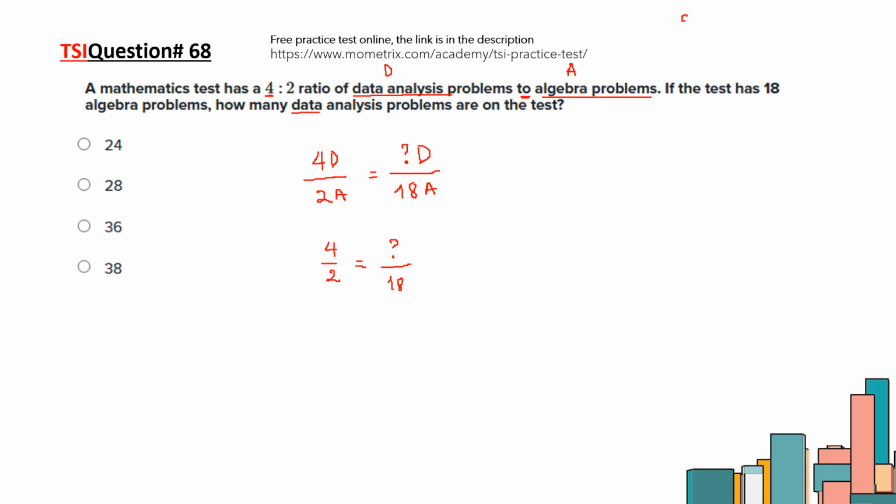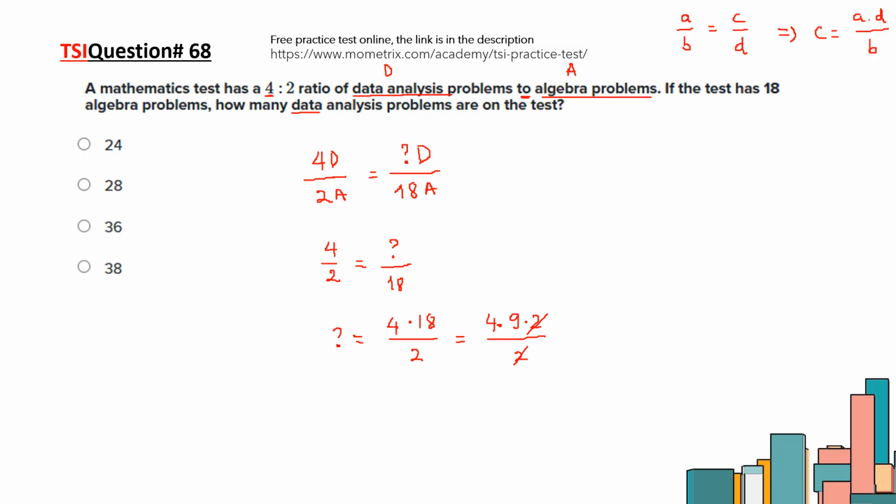Now we have to solve for it. Remember, if we have A over B equals C over D, and our unknown is at the C position, then C equals A times D over B. So our question mark will be equal to 4 times 18/2. 18 divided by 2 is 9, so we can simplify this as 4 times 9 times 2/2.